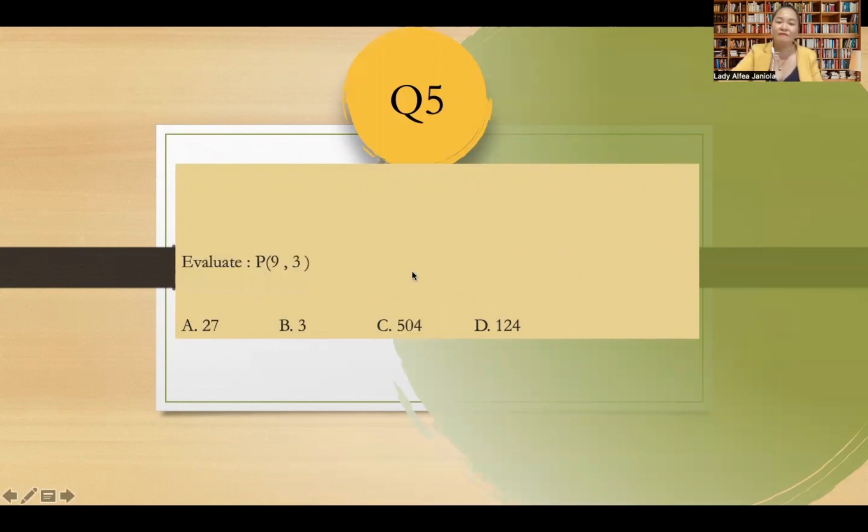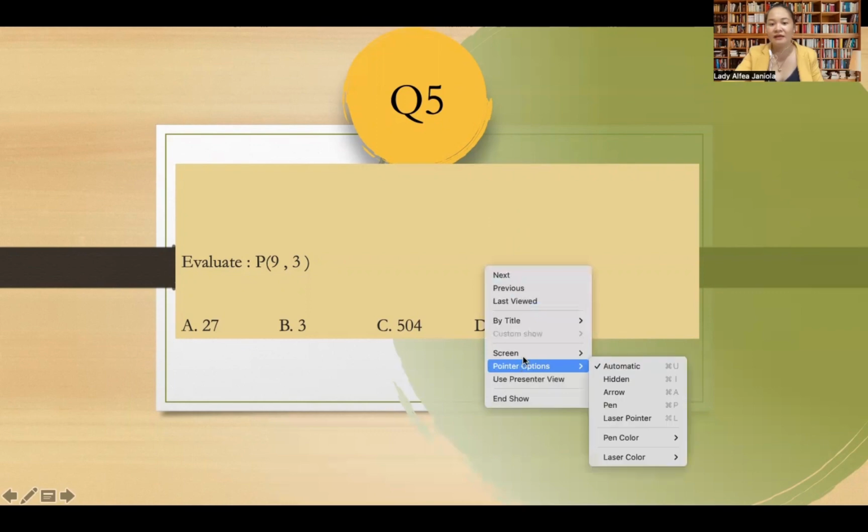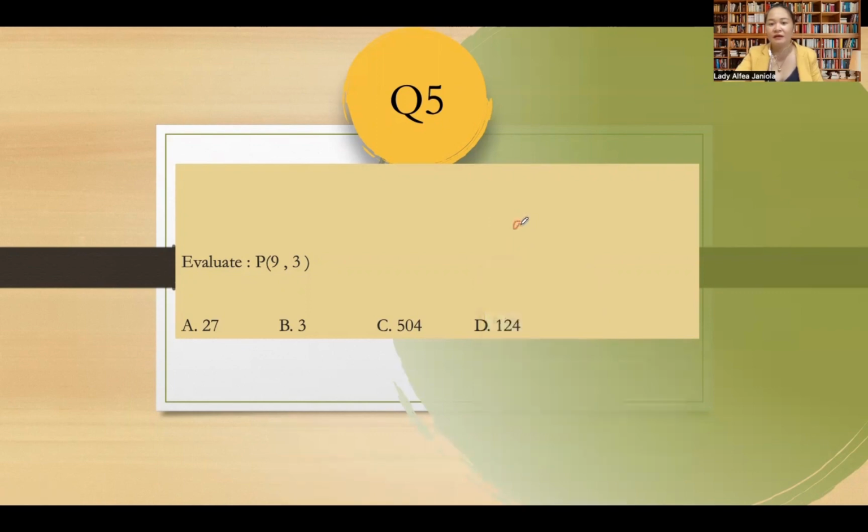Question number 5. Evaluate the permutation of 9 taken 3. So we all know that permutation you can use in a calculator. That is 9 nPr 3.